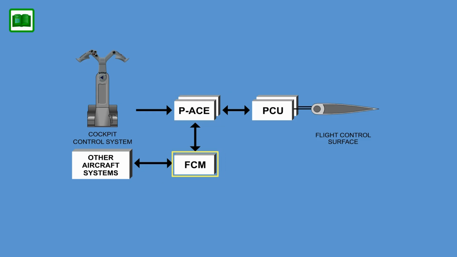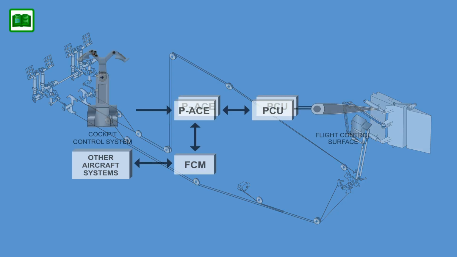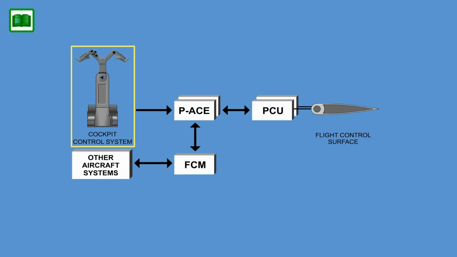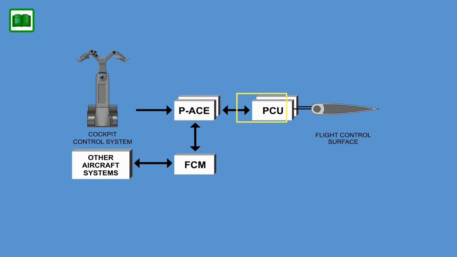The primary ACE effectively replaces the control cables of a conventional aircraft. Its logic connects the control column directly to the respective control surface, providing direct analog control of the surface actuators. Each primary ACE independently controls two surface actuators, or PCUs.